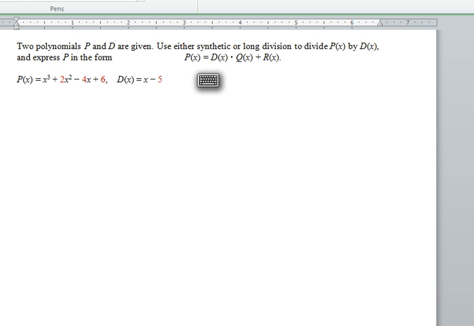So in this case, I'm going to be dividing x minus 5 into x cubed plus 2x squared minus 4x plus 6.